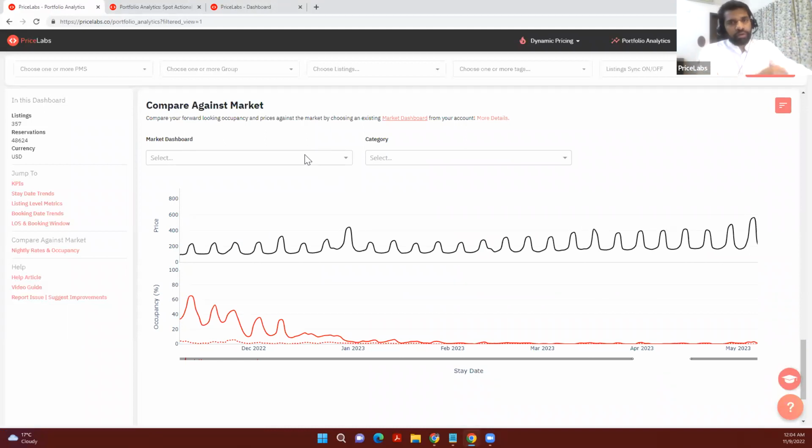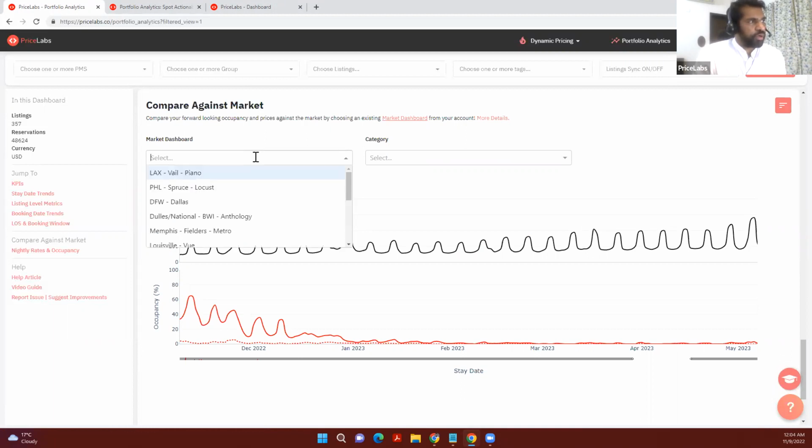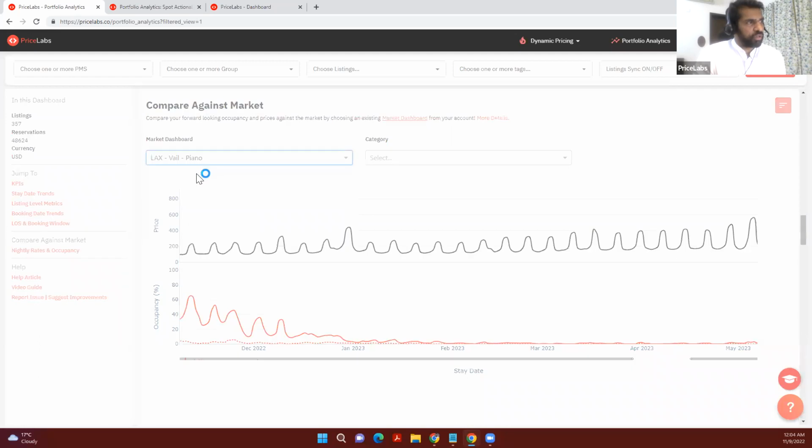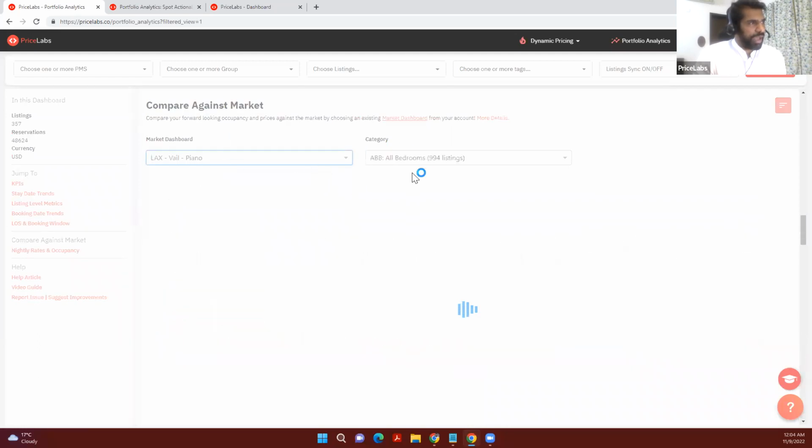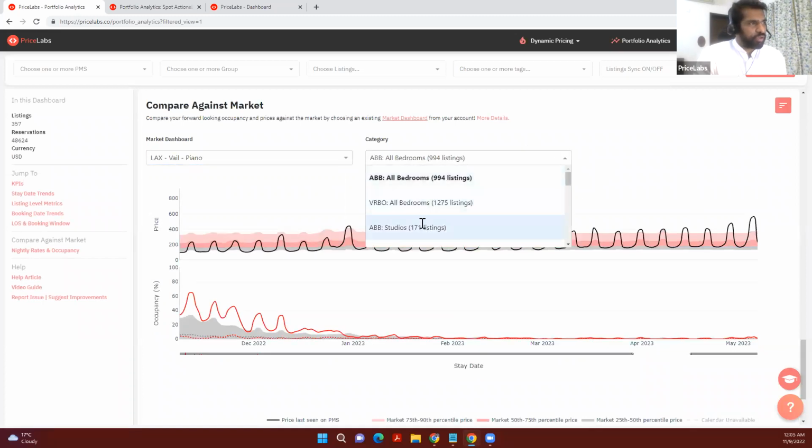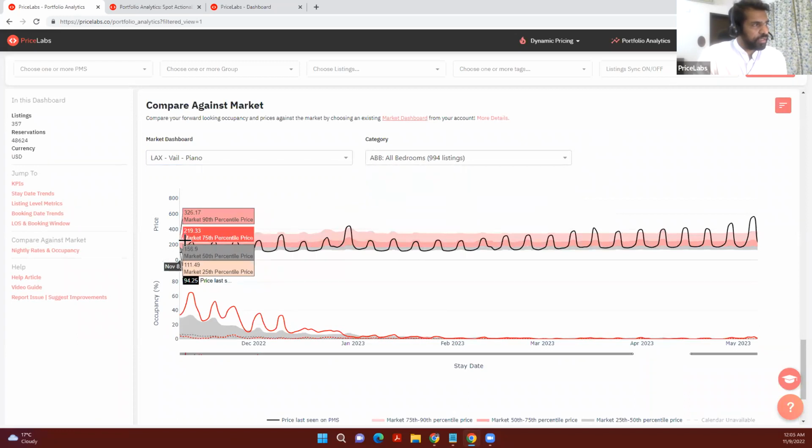If you're a large property manager, or if you're really into digging into data, you may want to consider looking into this. In order to use this, you should have certain market dashboards that you're already creating. If you have some market dashboards, you can add any comp set that you have created to these graphs so that you can quickly see in terms of price.